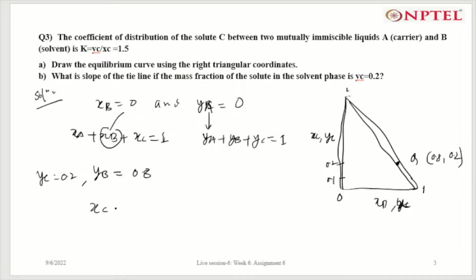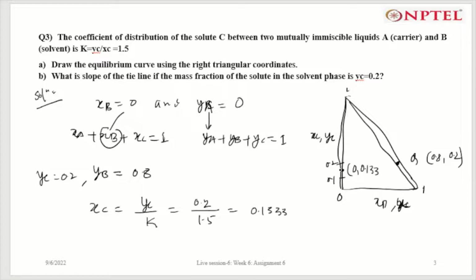So locate this point here, where XB is equal to 0 and XC is 0.1.